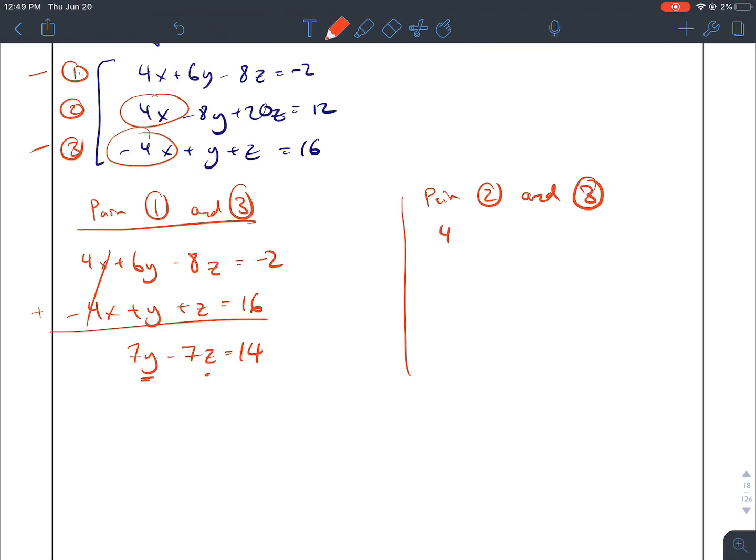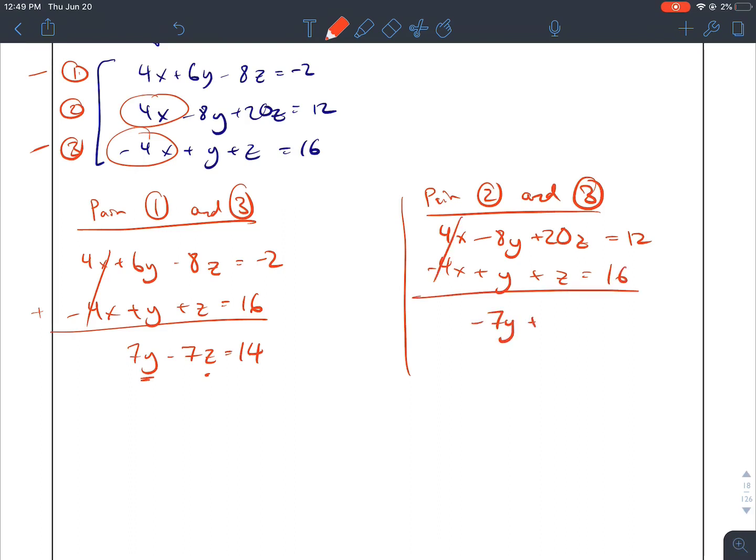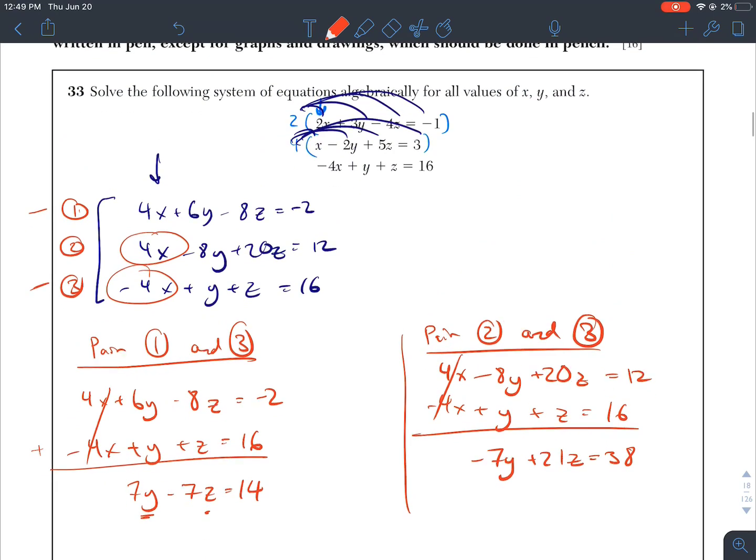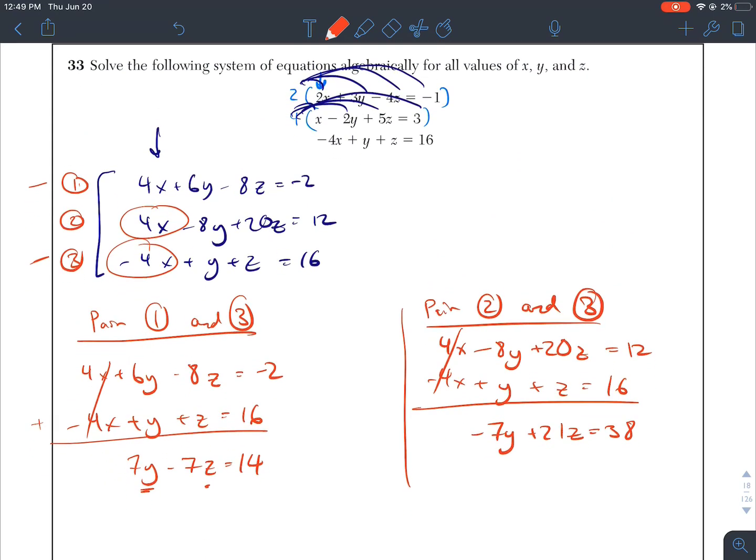So here, when we pair these up, 4x minus 8y plus 20z equals 12, and negative 4x plus y plus z equals 16. These cancel out. This gives us negative 7y plus 21z equals 28. I'm feeling like I did that wrong, but 28, right?